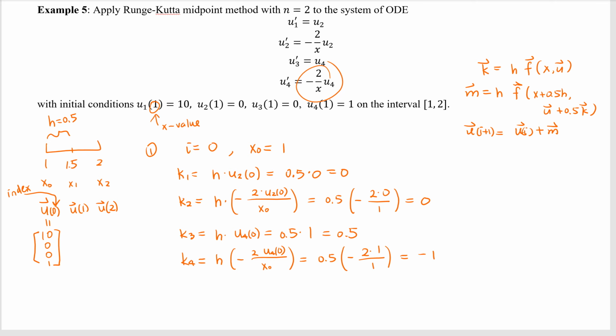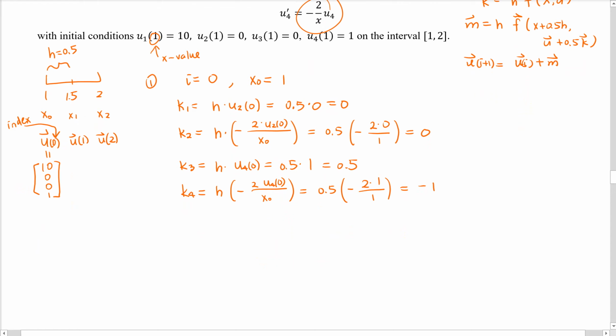Alright, and then let's figure out the M. M1 equals H times F of X0 plus 0.5H, comma, U plus 0.5K, right? And now let's see. This is F1. Well, H is 0.5.